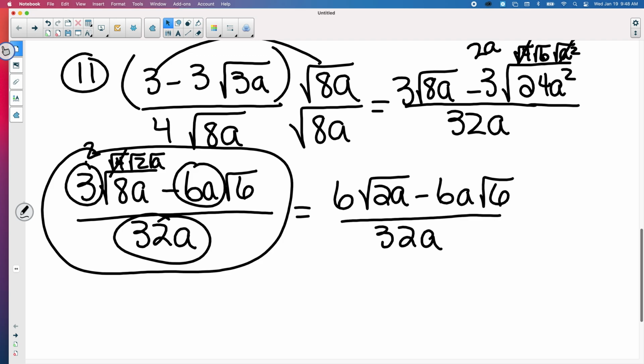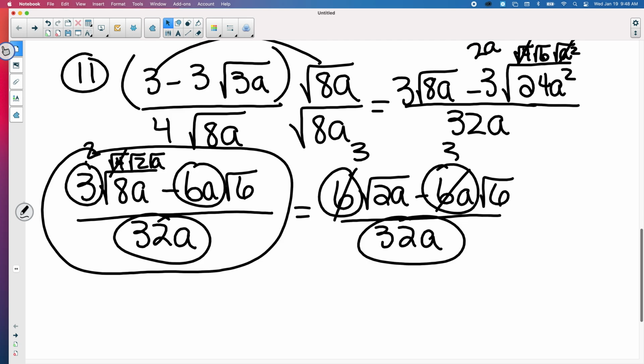Okay, now look at all three of those numbers. Do all three of those numbers have a common factor? Yes. They're all divisible by 2. This would be a 3, this would be a 3A, and this would be 16A.